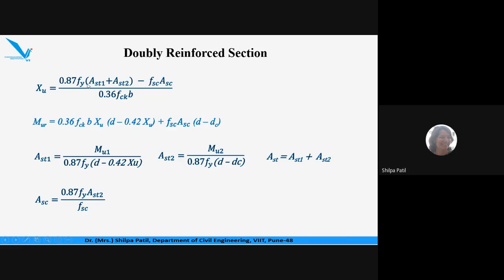As we discussed yesterday, there are some constant terms, that is 0.87 and 0.36, then some constant values for a given beam section, that is the width of the beam, the grade of the steel, and the grade of the concrete. The area of steel in the tension and compression zones is also known to us if the section details are given. What is required to find out is the stress in compression steel, that is FSC. Today we will focus on how to find out the FSC.